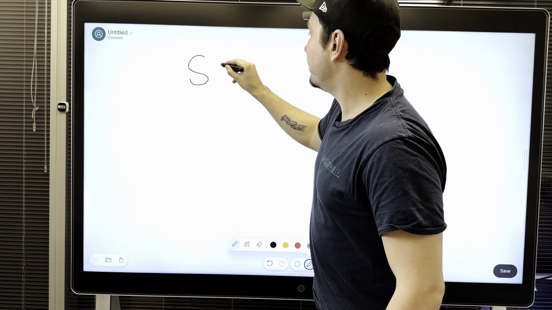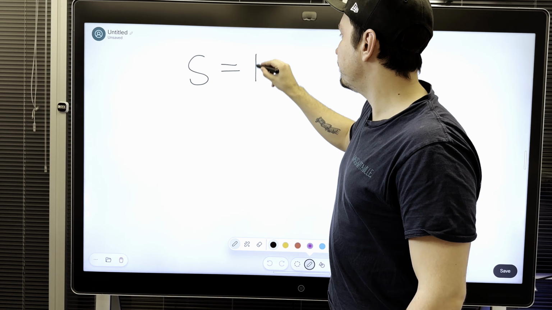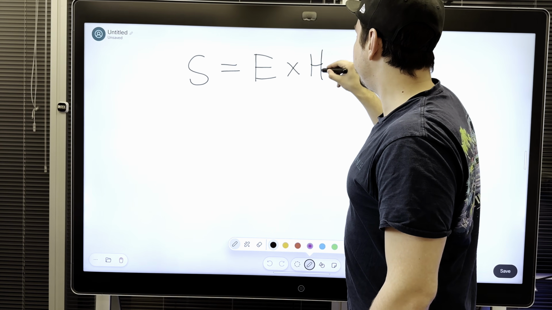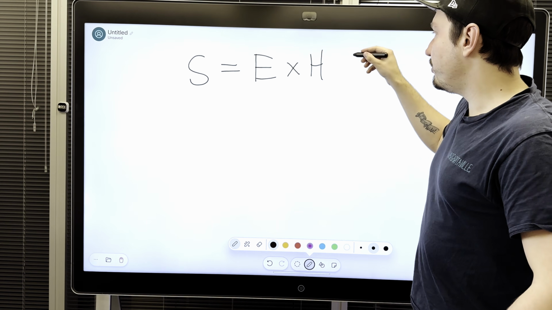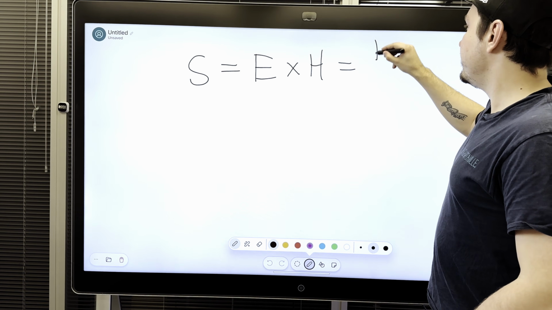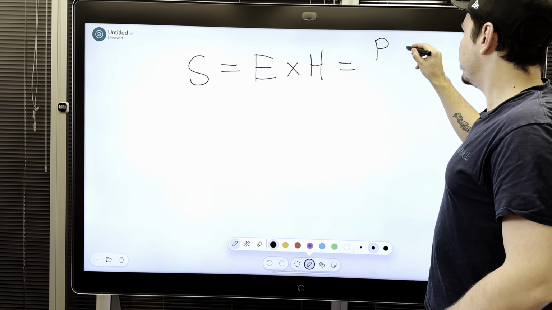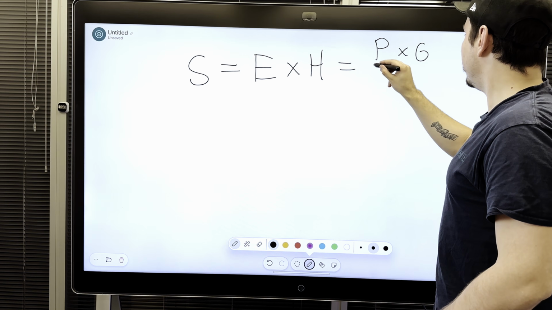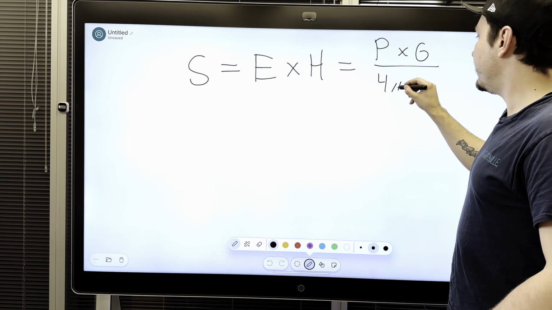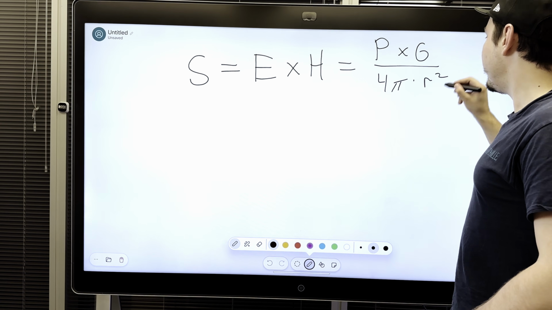We can start by writing it out. Then the power density S is equal to the cross product of the electric field with the magnetic field. And then more specifically, it also means P, the transmit power, multiplied by gain and divided by 4 pi times R squared.